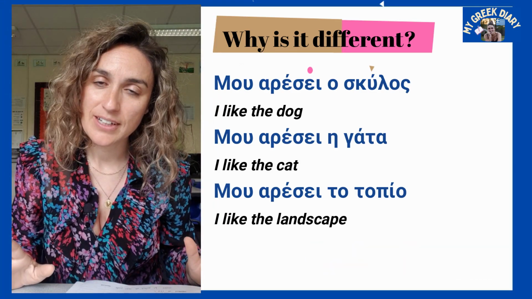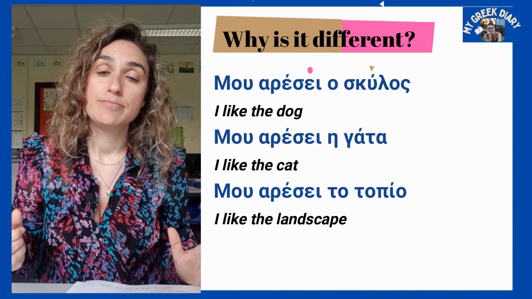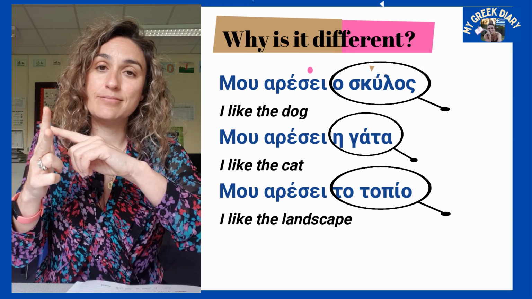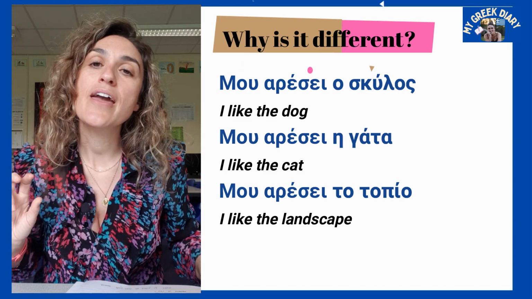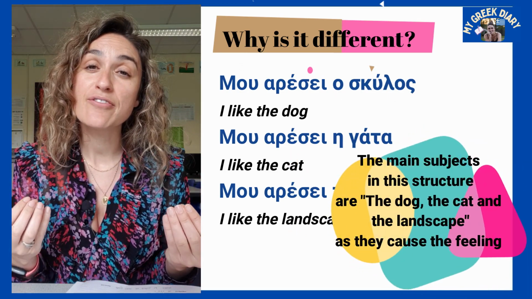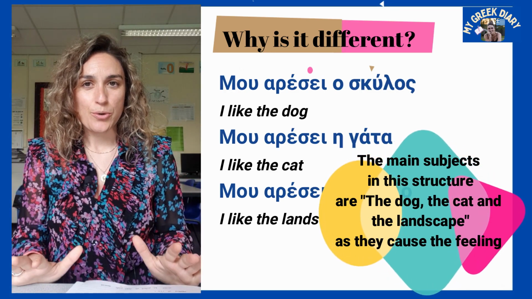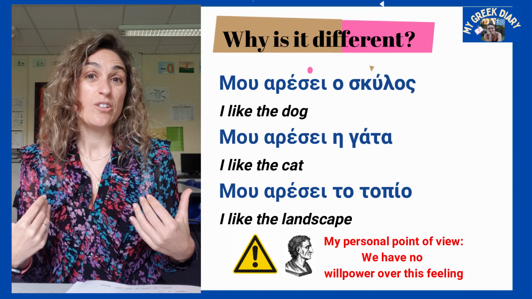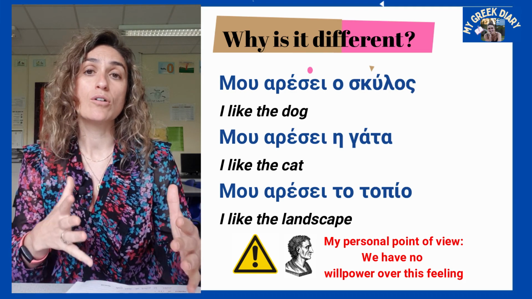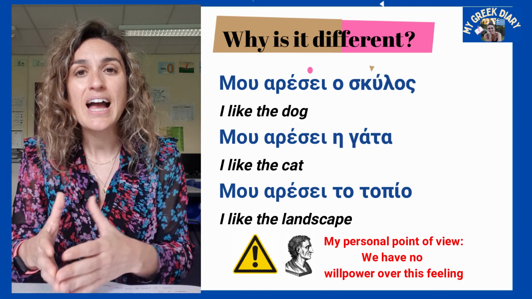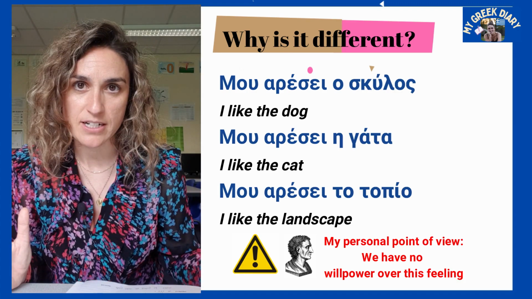Very simple. In this grammar, ο σκύλος, η γάτα, το τοπίο, these three, they are causing the feeling of being liked. So somehow we don't really have willpower on controlling if we like something or not. And the grammar in Greek assesses this perspective.